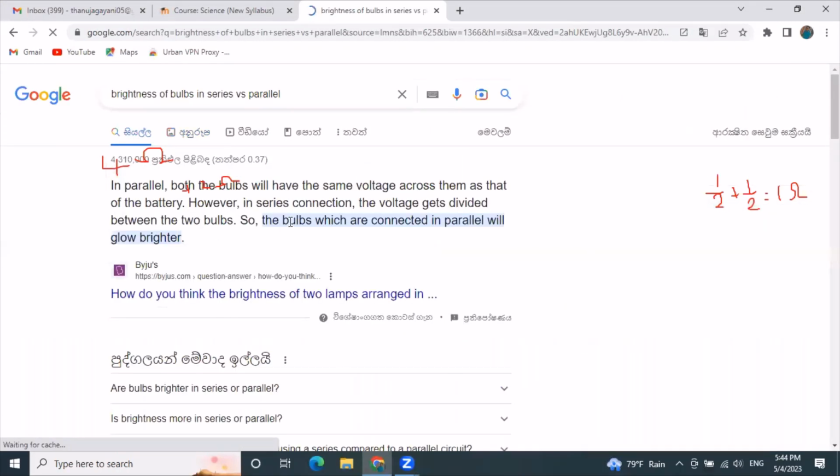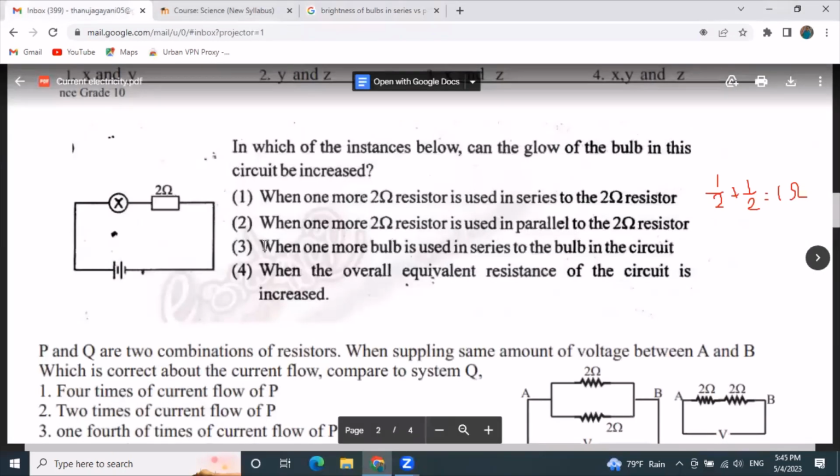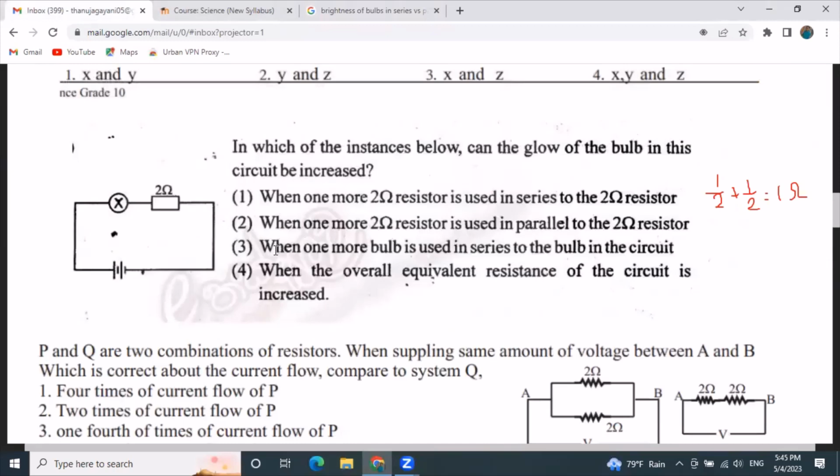Can you see here? In parallel, both the bulbs will have the same voltage across them as that of the battery. However, in series connection, the voltage gets divided between two bulbs. So the bulbs which are connected in parallel glow brighter. That means in series, it will not show a high brightness. Accordingly, the third answer is also incorrect.